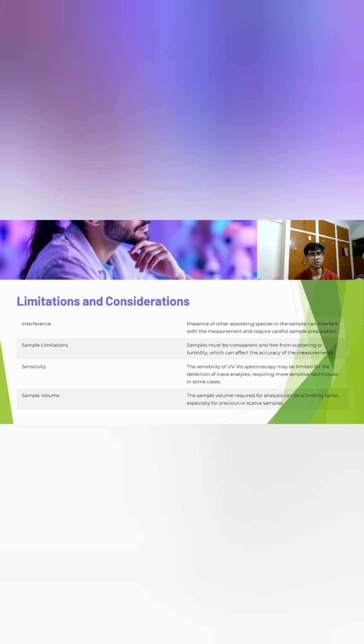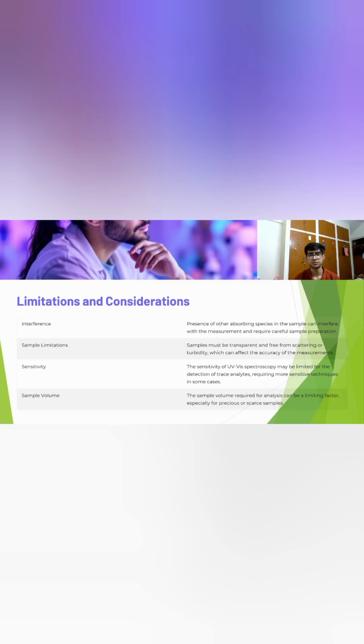Sensitivity: the sensitivity of UV visible spectroscopy may be limited for the detection of trace analytes, requiring more sensitive techniques in some cases. Sample volume: the sample volume required for analysis can be a limiting factor, especially for precious or scarce samples.